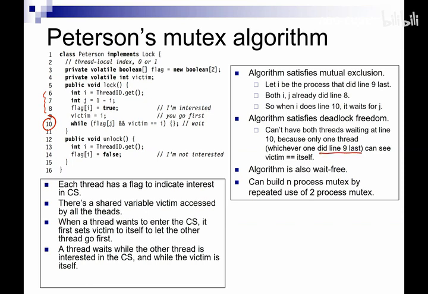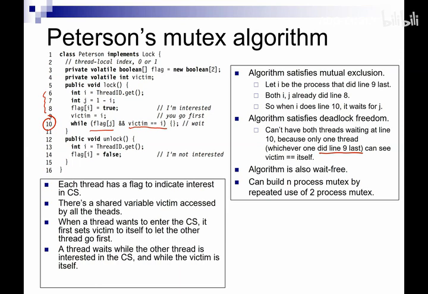But the reason you cannot have both threads be stuck is because if you look at the thread that did line 9 last, that guy set victim to be himself, so only that guy can have both conditions be true, can have victim be equal to himself and see the other guy's flag.